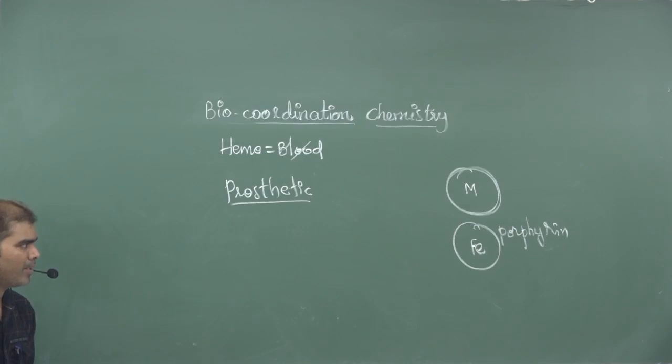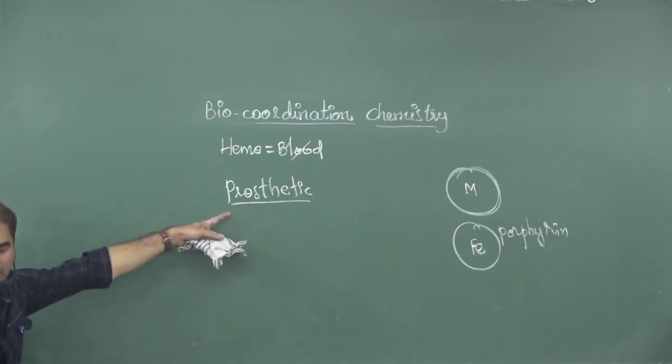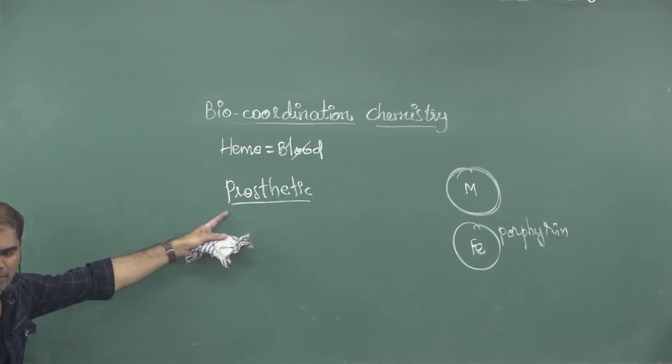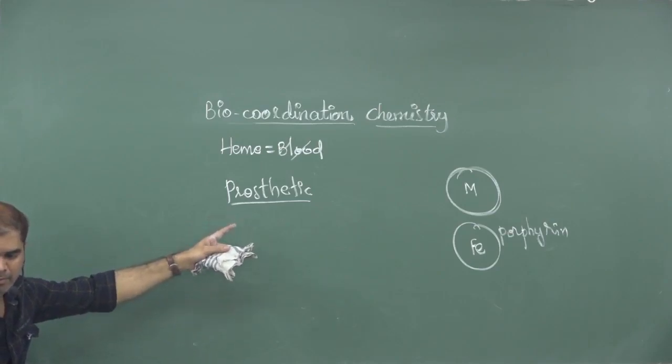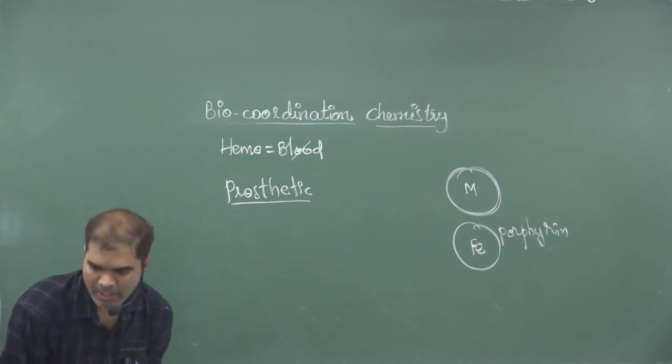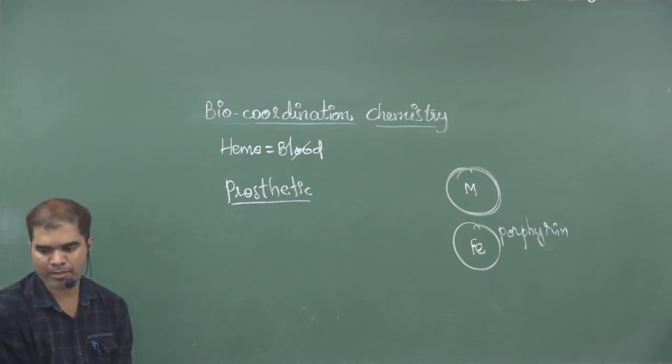On the board I have written, metal is surrounded by a prosthetic group. Example, in hemoglobin, iron is surrounded by porphyrin.